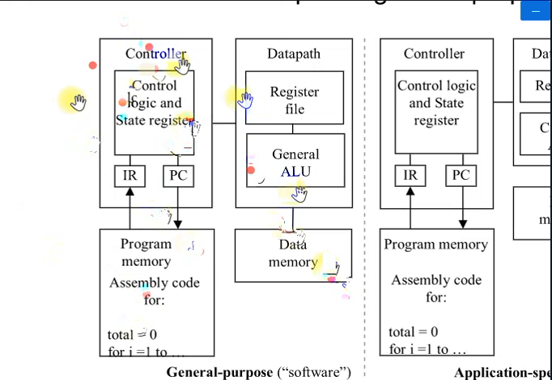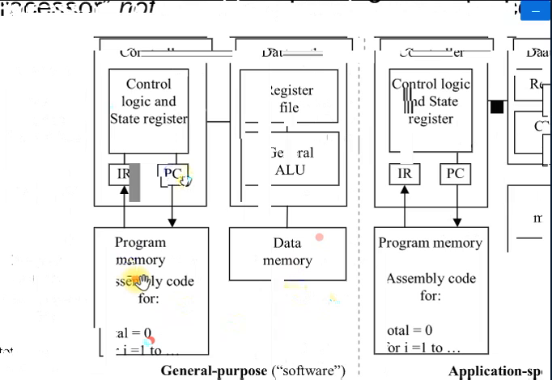Remember that OR is not written as OR, it depends on the machine code, and that machine code is written into the program memory. So this part is for program memory, and the other part is the data memory. Here only data is stored.